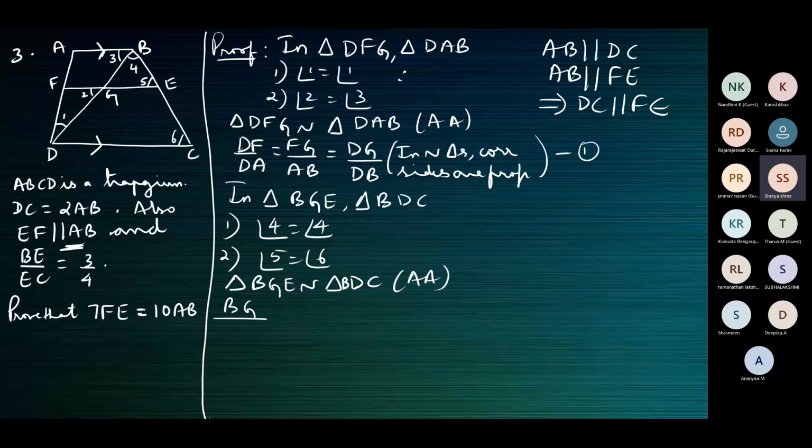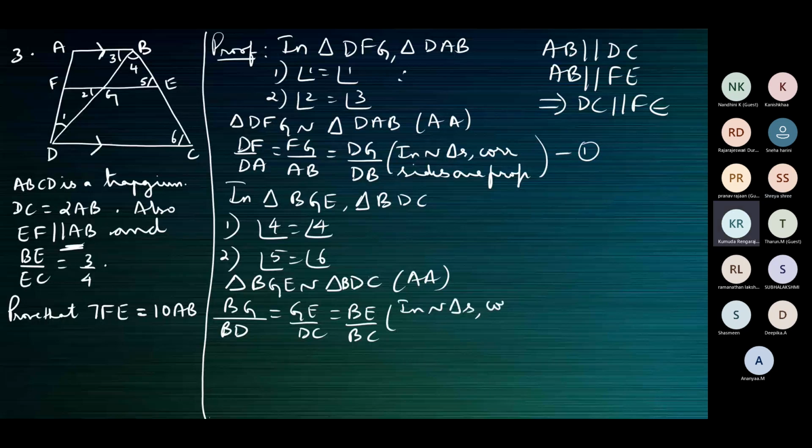BG by BD is equal to GE by DC, is equal to BE by BC. What's the reason? In similar triangles, corresponding sides are proportional. Very good.